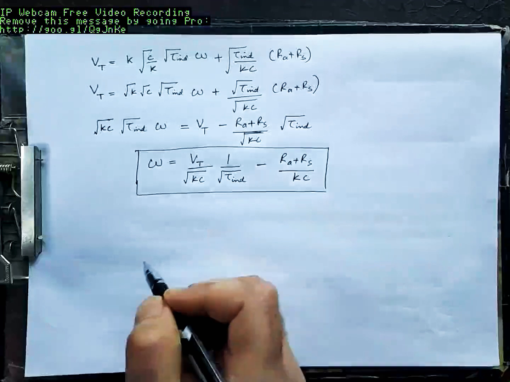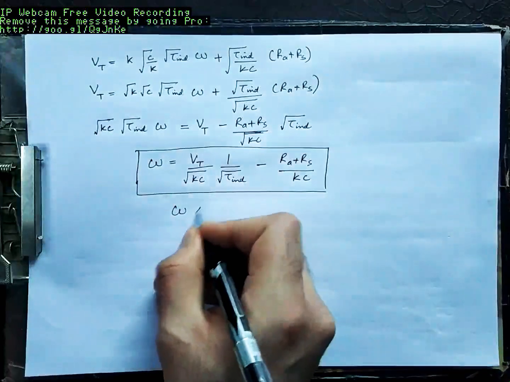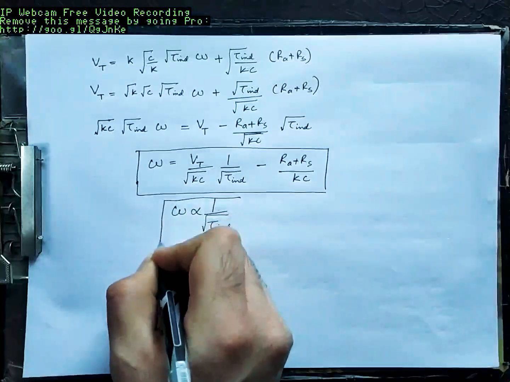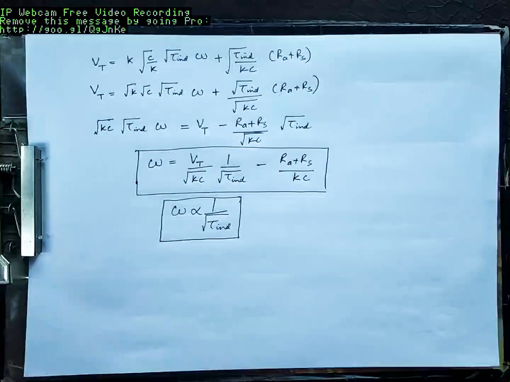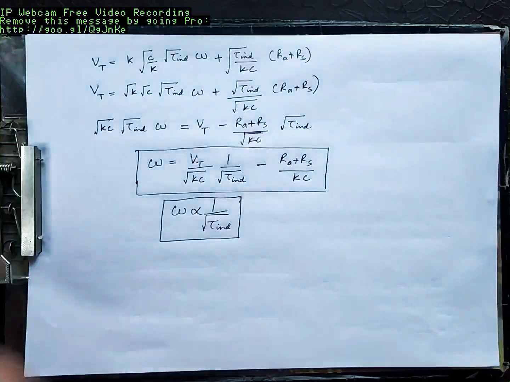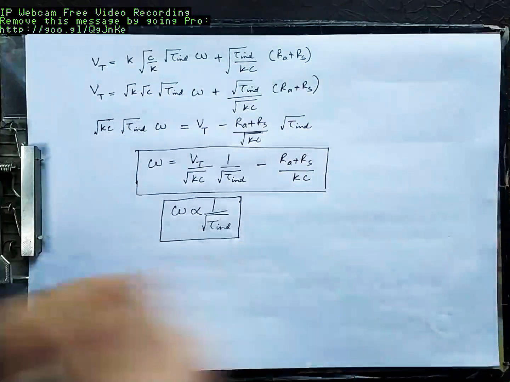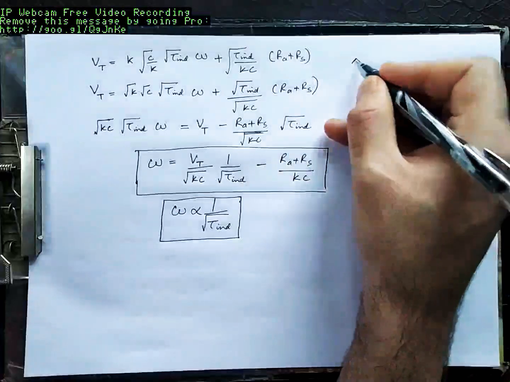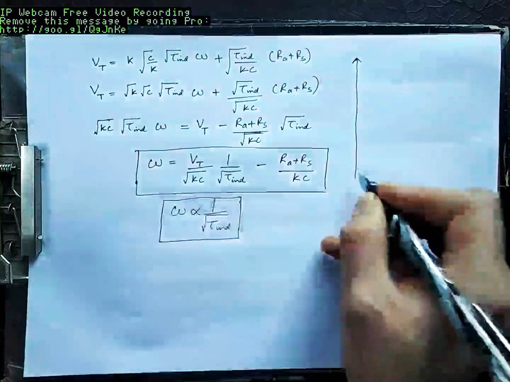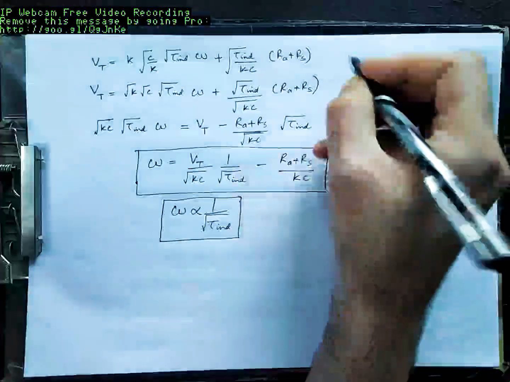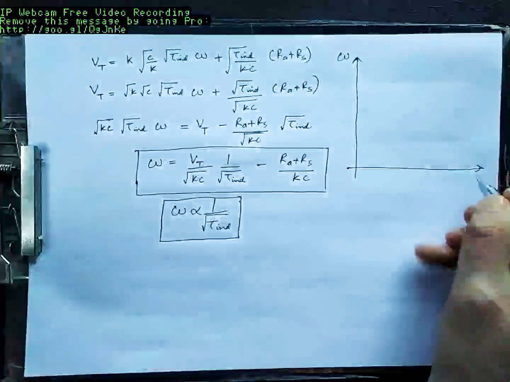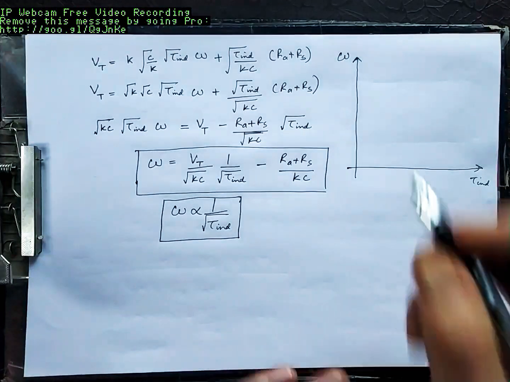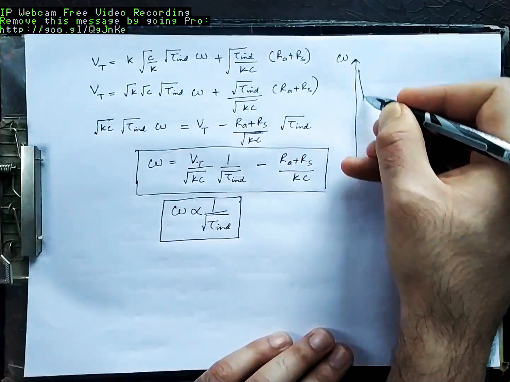What we can observe here is omega is inversely proportional to under root of T induced. That is, omega is inversely proportional to square root of induced torque. If we plot this expression, omega with respect to tau induced, it becomes something like this.